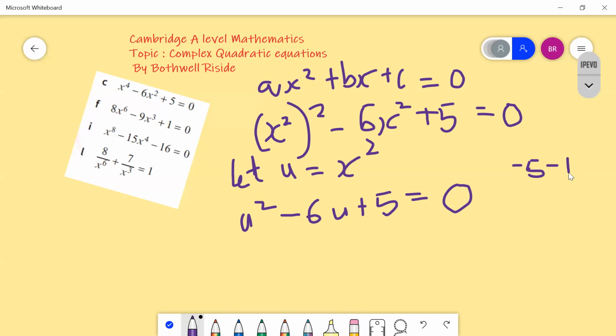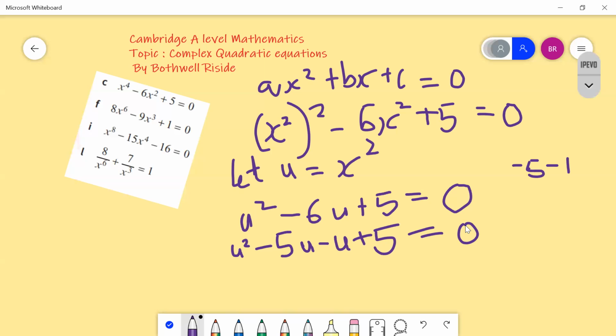If we say minus 5 minus 1, we get minus 6. If we say minus 5 multiplied by minus 1, we get 5. So that's how we can solve this one. We're going to rewrite this equation as u squared minus 5u minus u plus 5 is equal to 0.